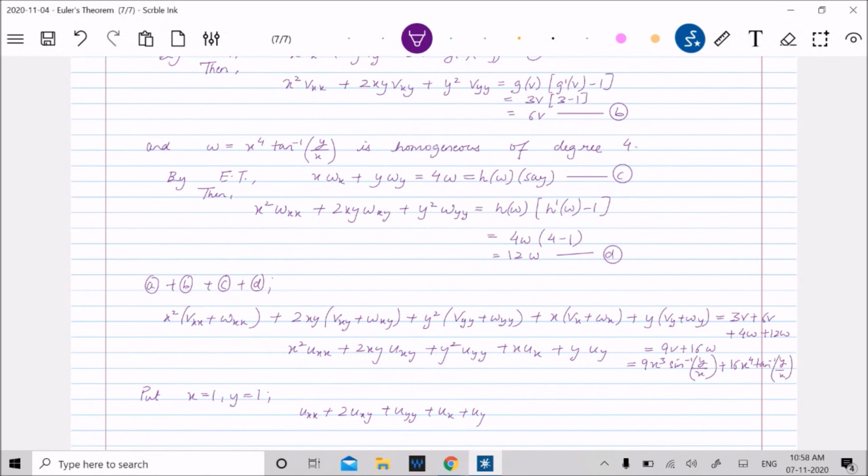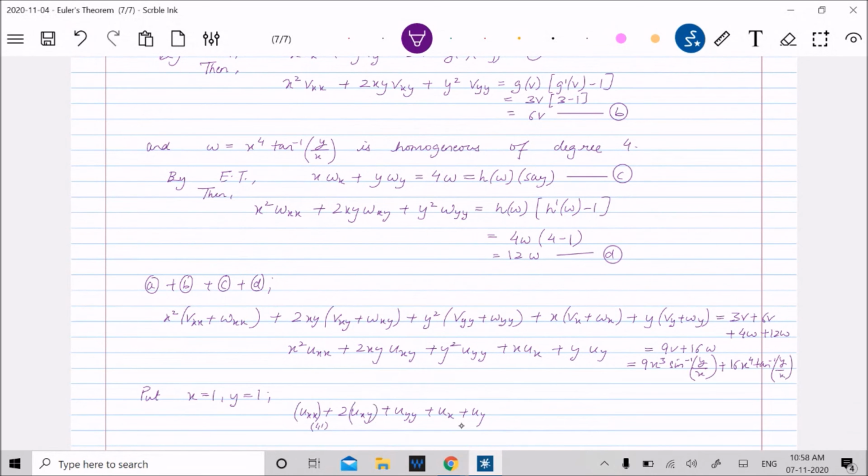Yeah, don't put x and y as 1 here because these are derivatives now. Rather you should write like this. Whatever, this is a function actually. U double x will have some value, involving some variables x and y. Something means it is a derivative. It will be involving x and y, and in that you have to put x equal to y equal to 1. You can write it like this: 1 comma 1.